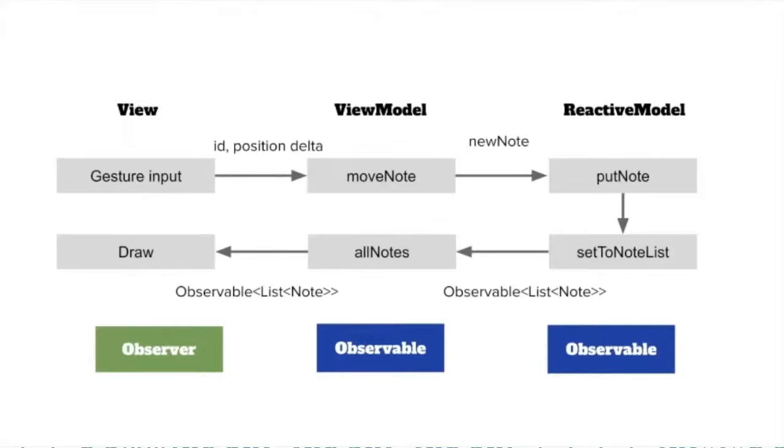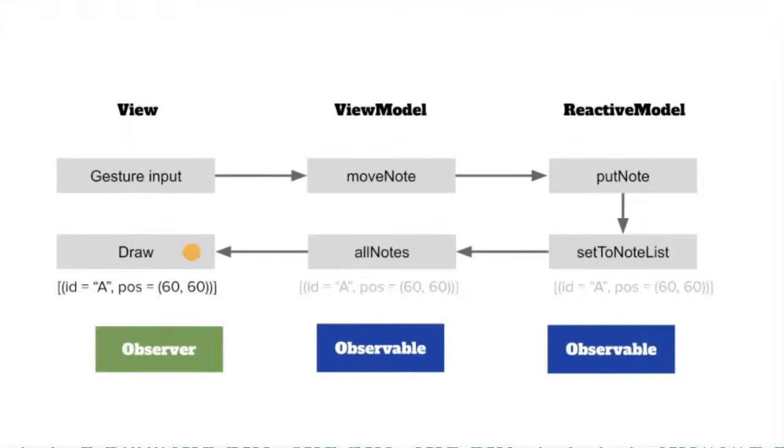Okay, let's see an example. Here we have a view, which already has a node. Its position is 60 and 60, and all the data is coming from the reactive model. And then there's one gesture input. The gesture input is x is 10, y is 10, and then it will be sent to the view model.